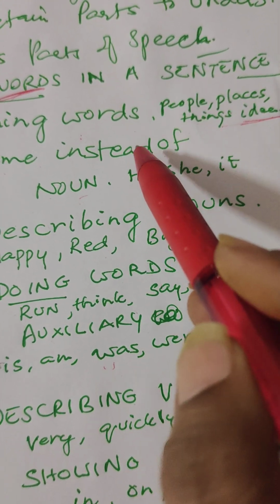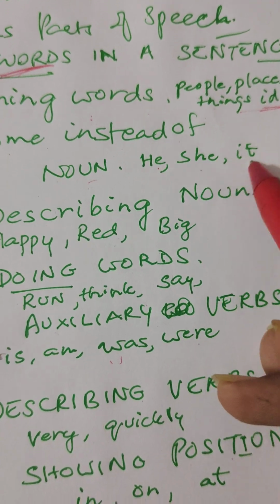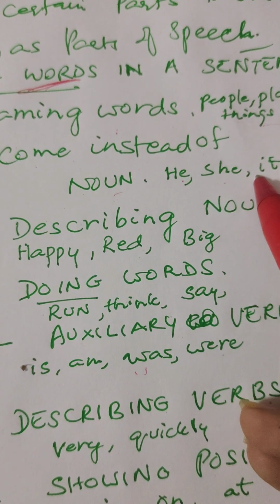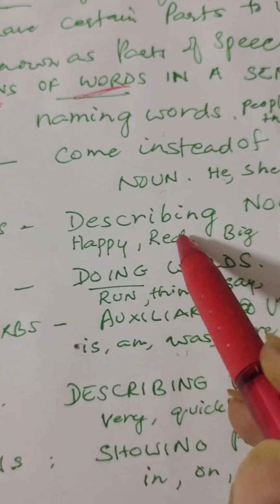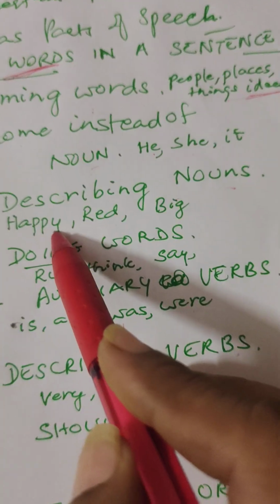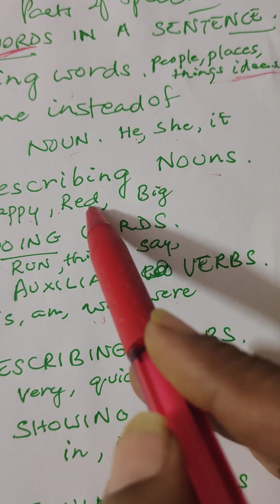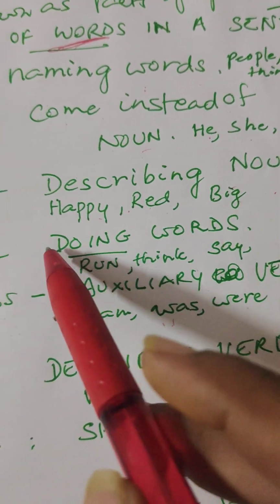For example, if I'm talking about a boy, I'm going to say he, she. Then if I'm talking about a place, it. Then adjectives. They are describing nouns, like a happy boy, a happy girl, a big boy.